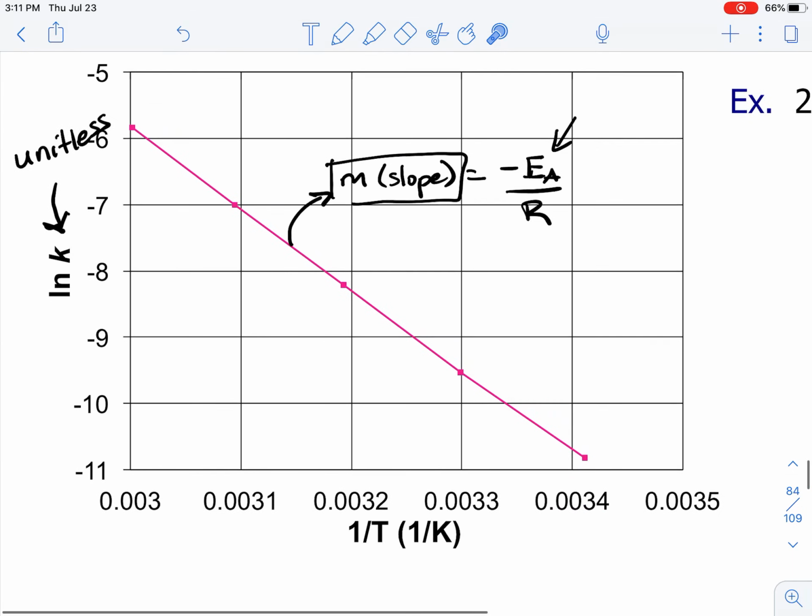Looking at this graph, notice that this point is not 0.00000, it's not the origin. And so this value is not the Y-intercept.